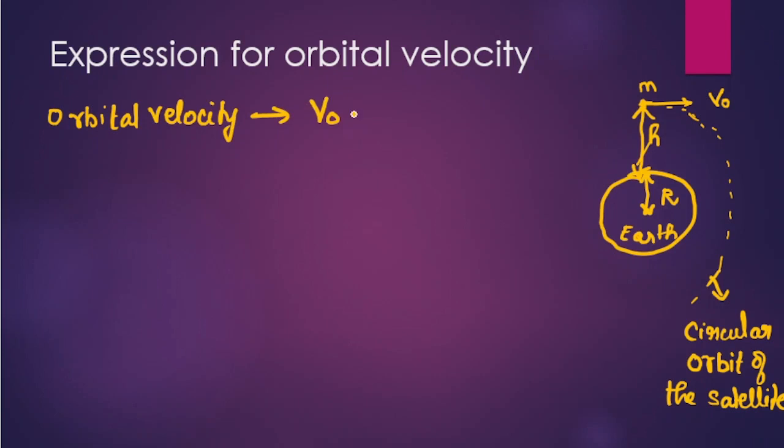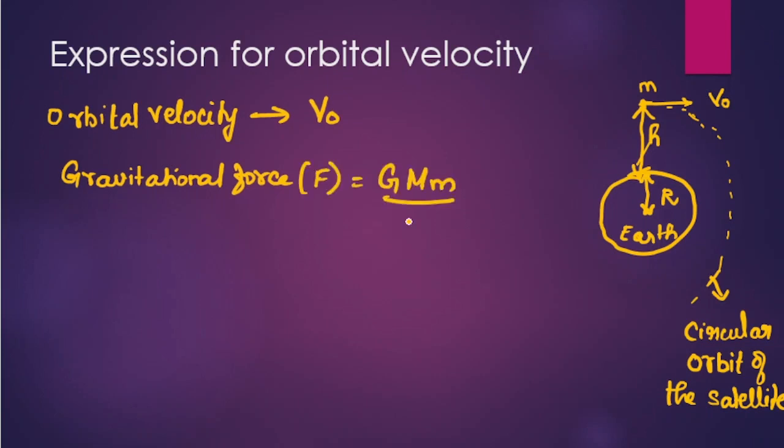Now let's derive. What is our gravitational force? Gravitational force F is equal to G capital M small m by r square. What is our r here?